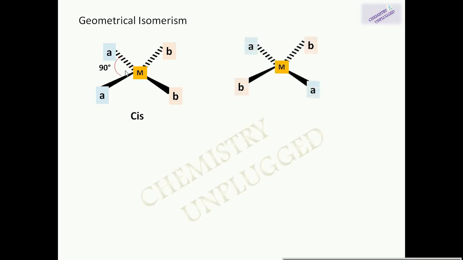And if the same type of ligands are opposite to each other, this situation is known as trans, and the angle between the two ligands is 180 degrees.